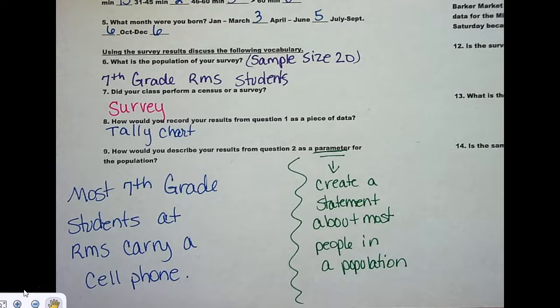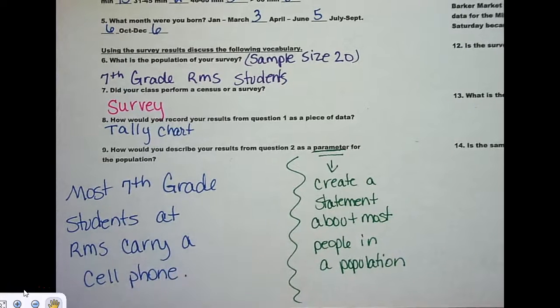If we just took a sample of 7th grade RMS students, then we could only describe the results as a parameter to our current population. So most 7th grade students at RMS carry a cell phone. Does that make sense? All right, let's go up to the top of the other side.